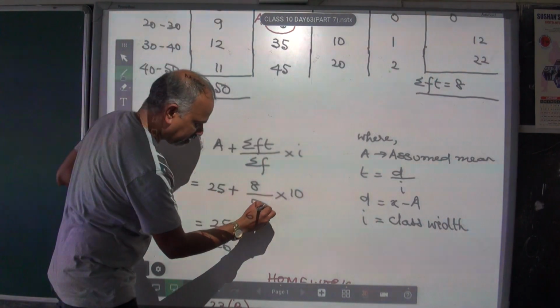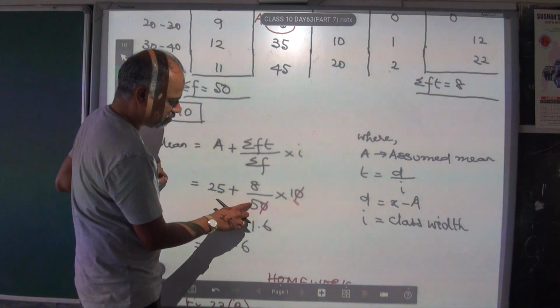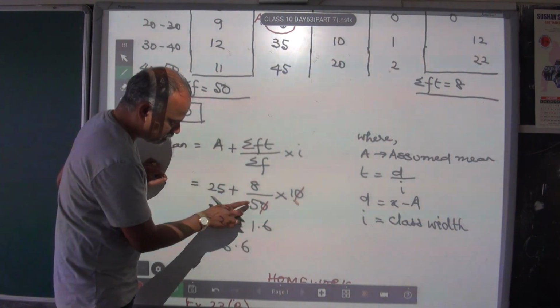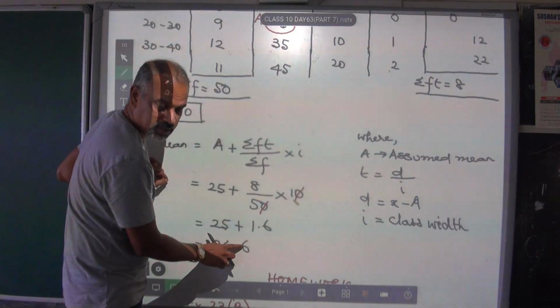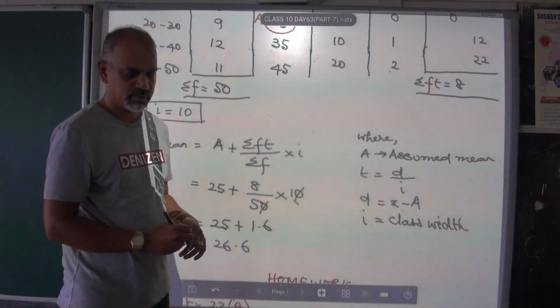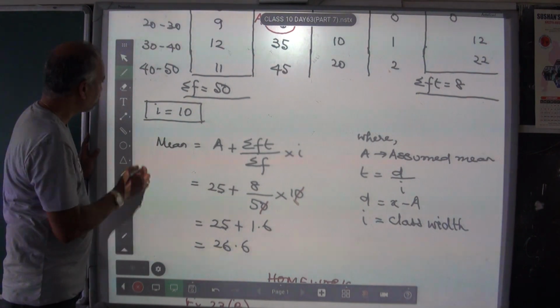Now, you can simplify this, the 0 gets cancelled, and then 8 divided by 5 will give you 1.6. 25 plus this gives you 1.6, add both of them, that will give you 26.6. This was the same mean value for the previous two methods which I showed you. Okay. That is your step deviation method.